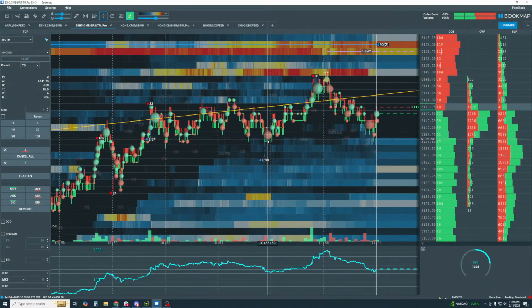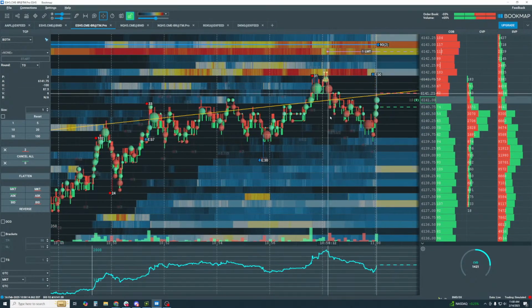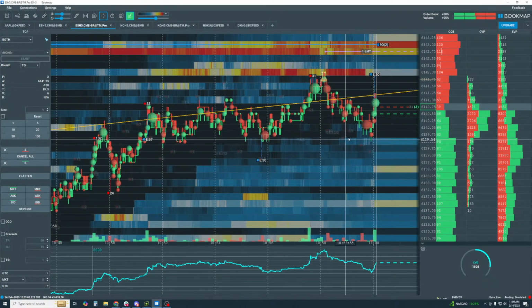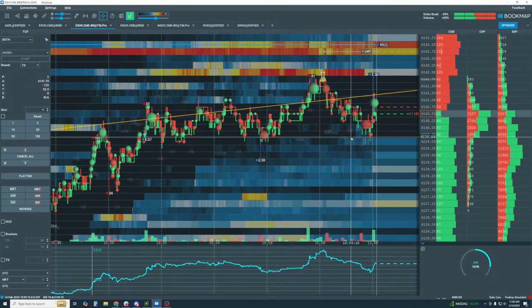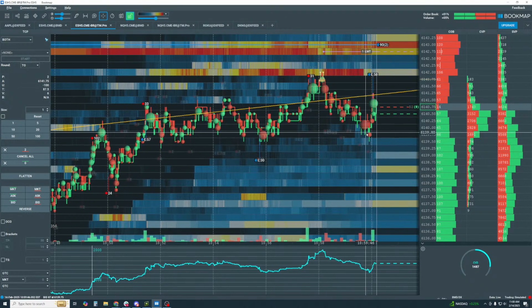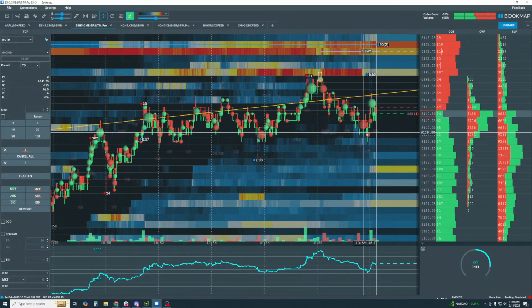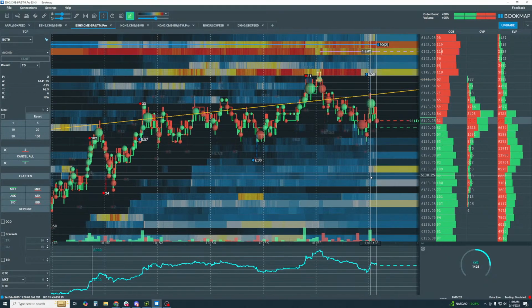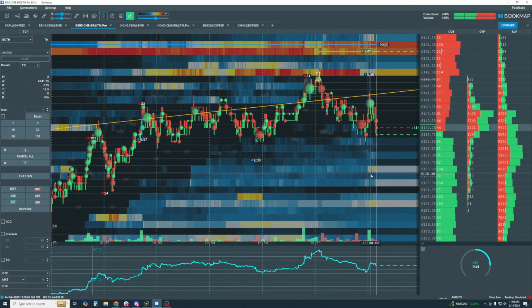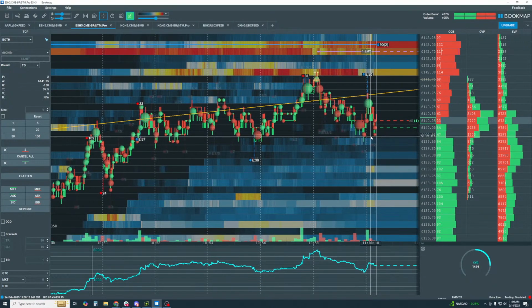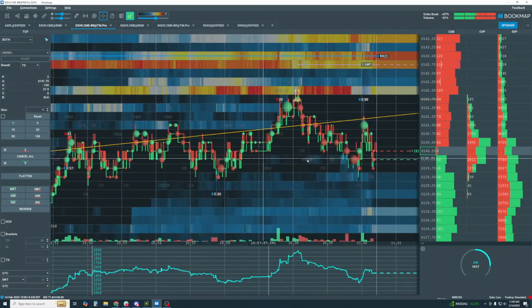Let's see if we get a bounce out of this area here and then our move back up. So far so good. And not so good. Back down and retesting here at the swing.